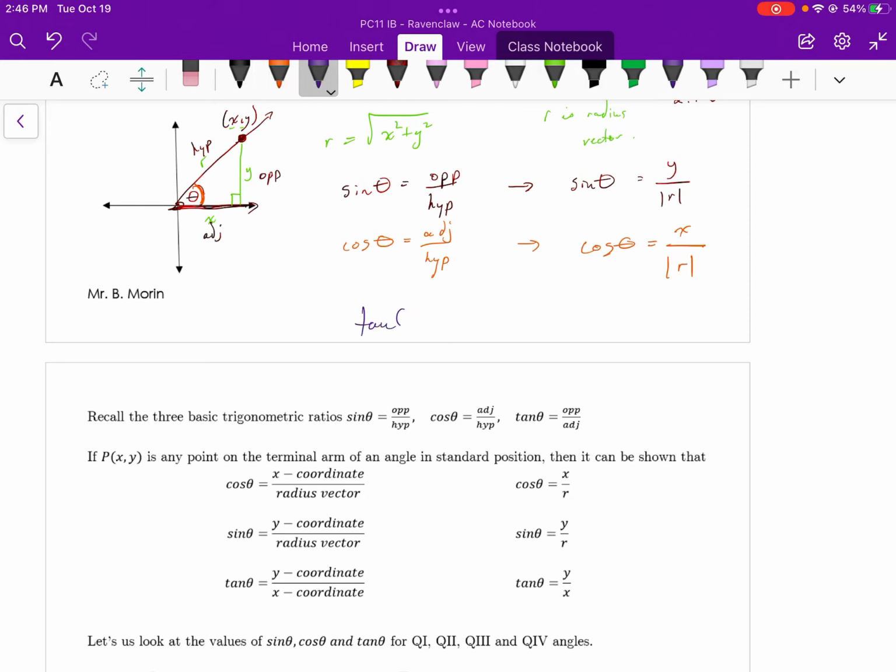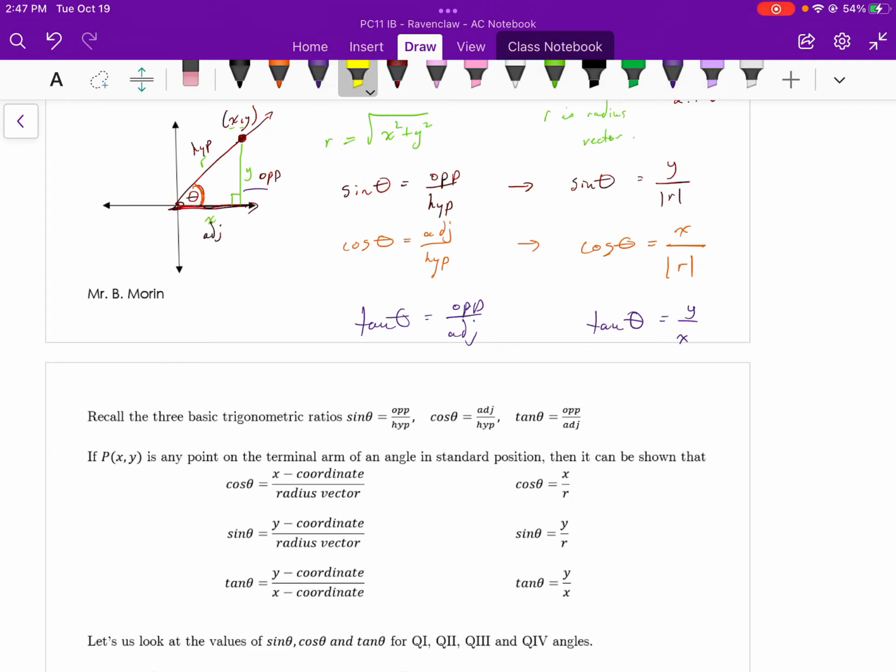Now, tangent theta is going to be my opposite divided by my adjacent, TOA. So tan theta is equal to my opposite, which is described by the y-coordinate on my triangle. The adjacent is described by my x-coordinate.